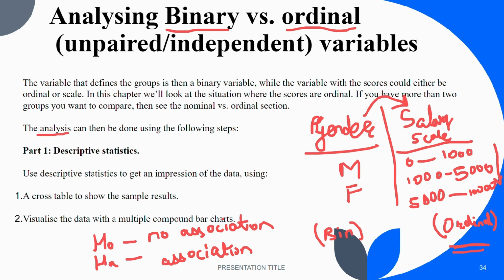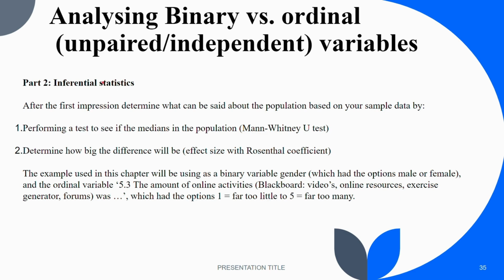While we analyze the data, first we have to create a cross table, then we have to create a compound bar chart, and then in the inferential statistics we have to perform a test known as the Mann-Whitney U Test. If the Mann-Whitney U Test gives a p-value below 0.05, then we say the null hypothesis is rejected.